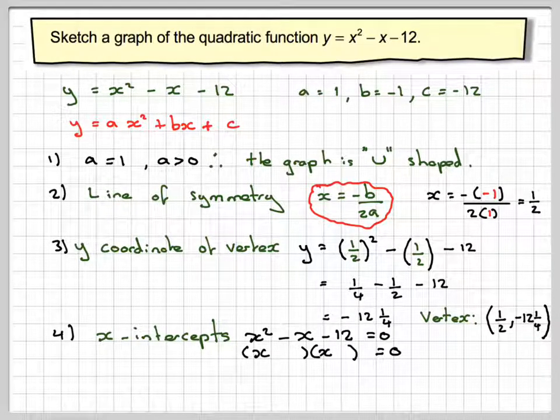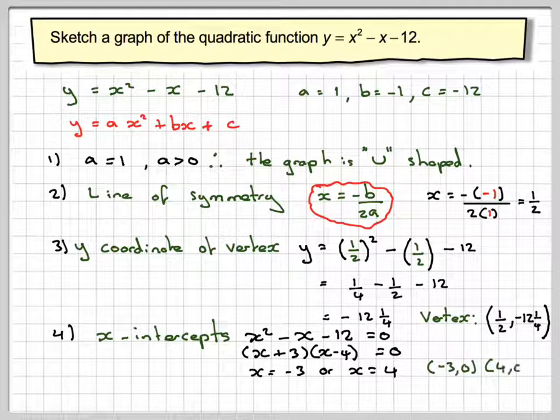They are 1 and 12, 2 and 6, and 3 and 4. 3 and 4 will give 1 in the middle, so I'm going to put 3 and 4. I want the middle to be negative, so the 3 would have to be a plus, and this would have to be a minus 4, which gives me x = −3 or x = 4 as the x-intercepts, or as coordinates (−3, 0) and (4, 0).